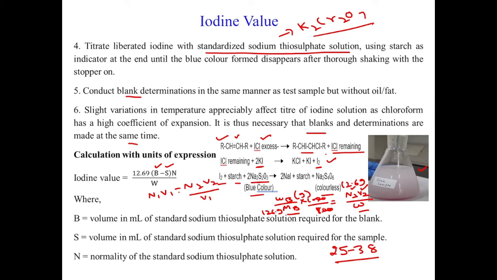If we subtract the sample from the blank, we will know how much has reacted with the sample. We want to know the iodine which has reacted with the unsaturated bonds, and this way we will be able to calculate the grams of iodine present in 100 grams of the sample.